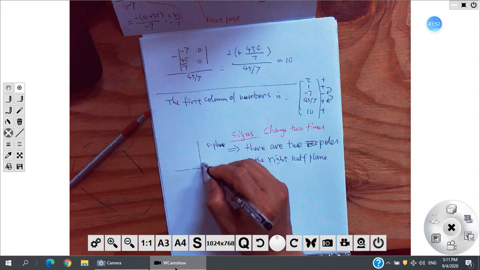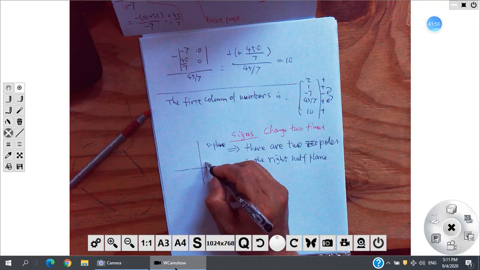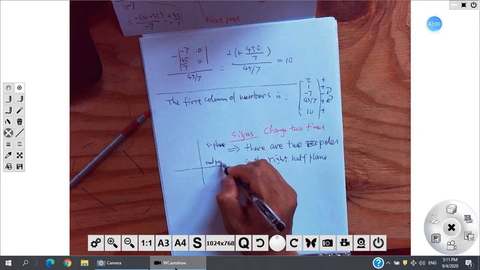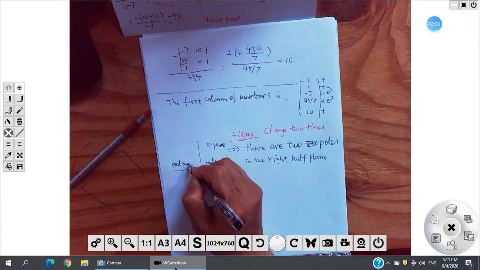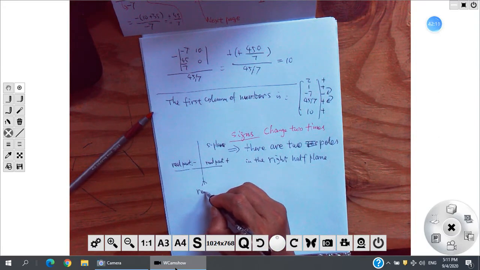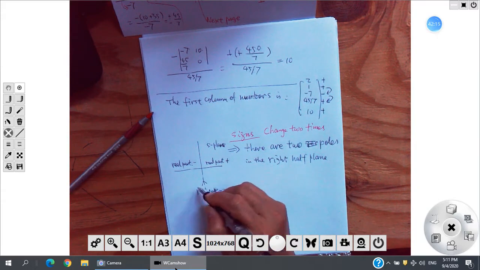And this side is real part positive. The left side is real part negative, right? And here is real part equal to 0. Right?